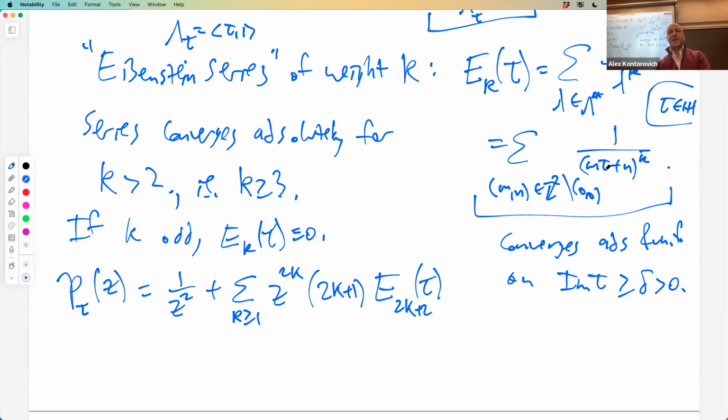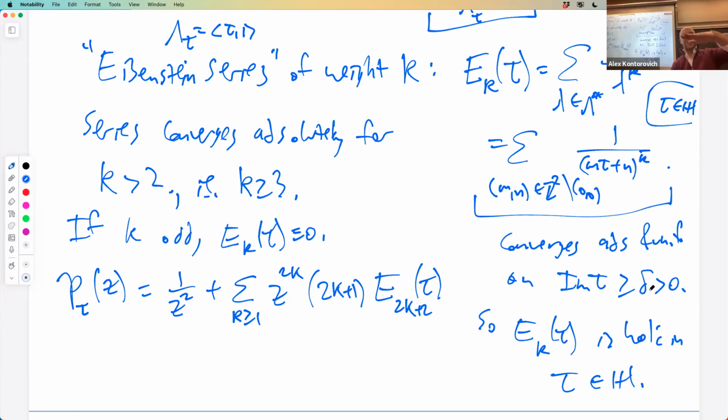If you have at least some fixed constant here, then this series will converge uniformly on that. And so you get a holomorphic function. So this Eisenstein series is holomorphic in tau as tau ranges over the entire upper half plane, because it converges uniformly for any delta greater than 0.